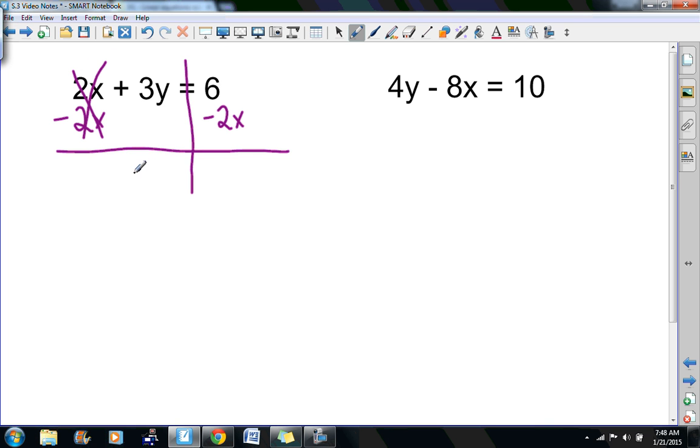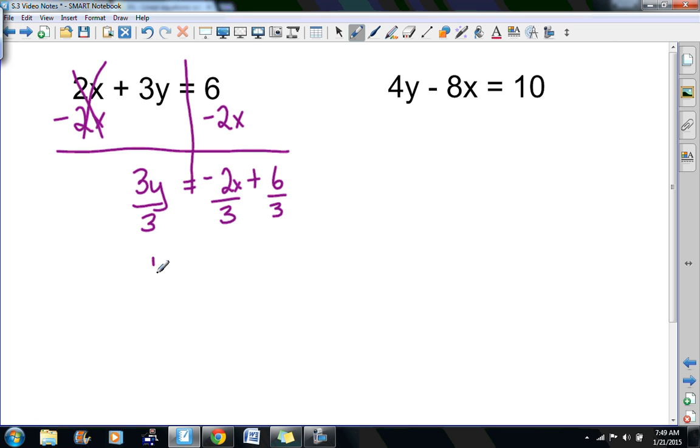The left side, we still have 3y. And on the right side, you can do 6 minus 2x, or you can do negative 2x plus 6. Both of those are okay. So when you have negative 2x plus 6 here, you can then divide by 3 with the y, but we need to divide by 3 on every single term on the right side.